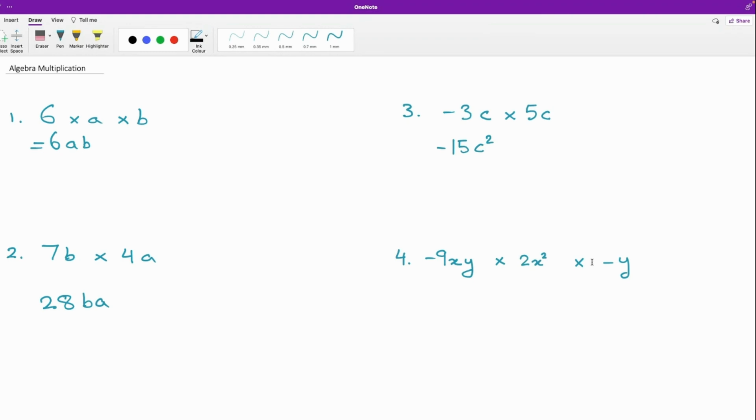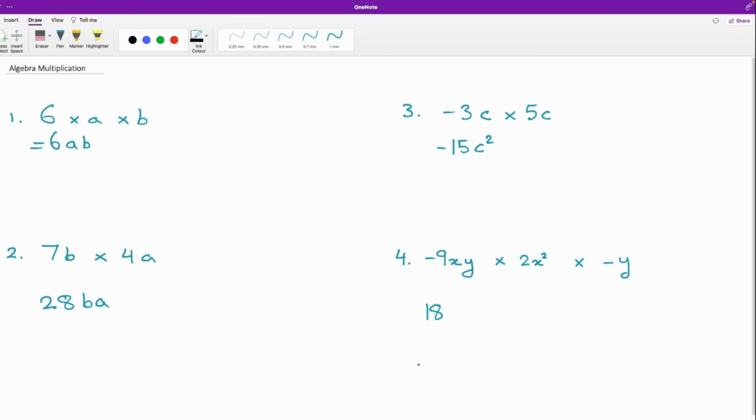And that is what we're expecting. That is step 1. In step 2, let's have a look at our numbers. 9 multiplied by 2, and the final group over here doesn't really have a number, but you can imagine there's a 1 over here, but we don't need to include that. So 9 times 2 gives us an answer of 18. That's our second step done.